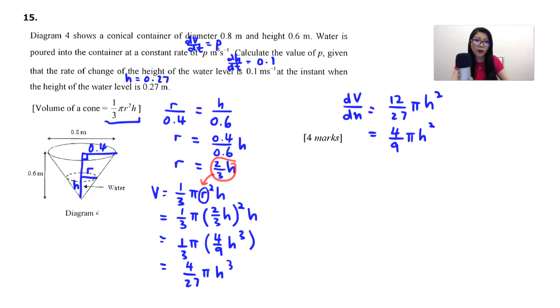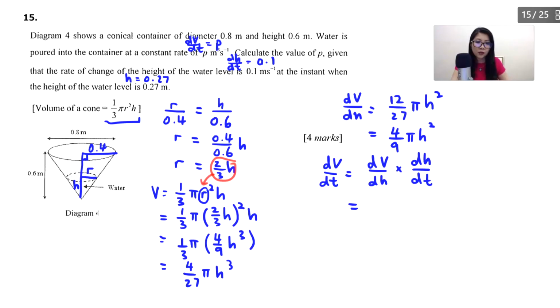Now you see what they want. They want you to find P, and P is dV/dt. So we create a formula: dV on top, times dt at the bottom. What's the other unknown that you see in the question? h, right? So this will be dh, and this will be dh.